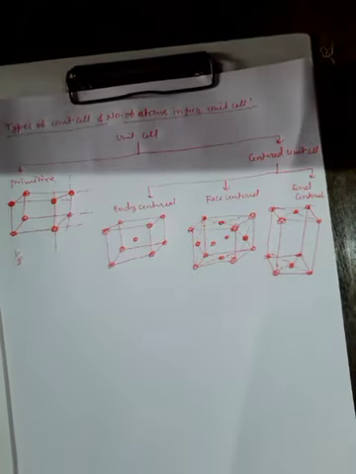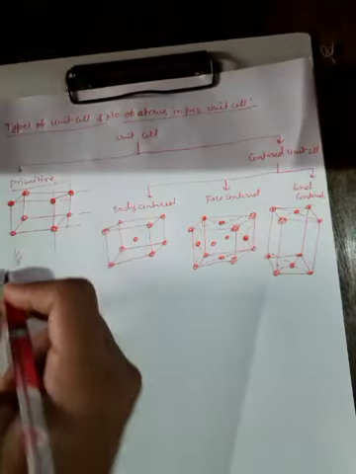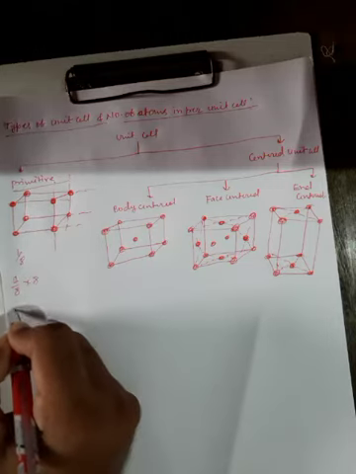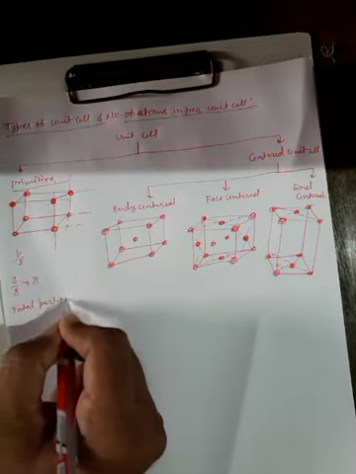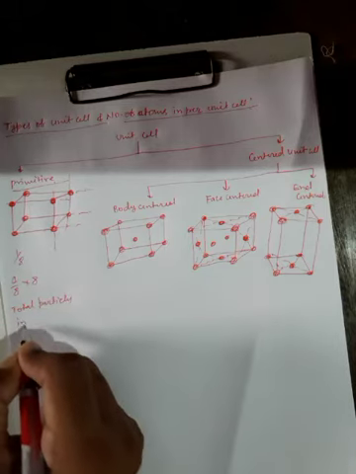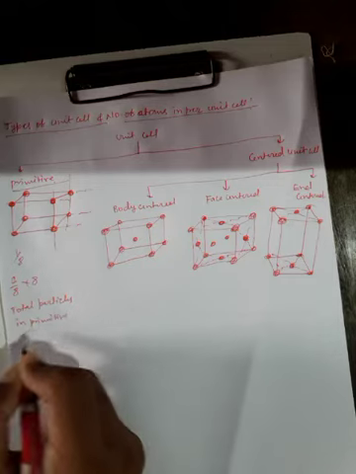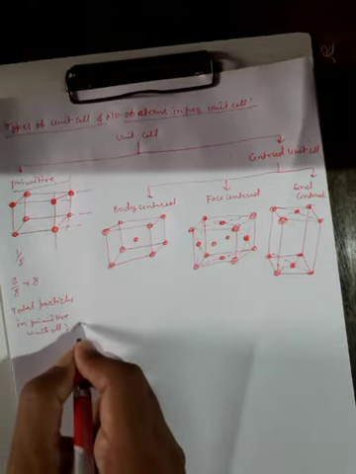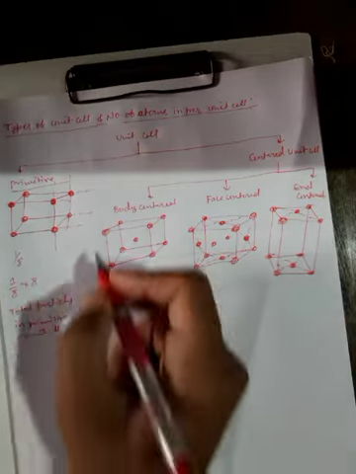There are 8 constituent particles, so the total number of particles present in a primitive unit cell will become 8 into 1/8, that is 1.